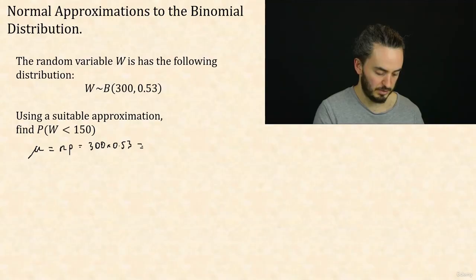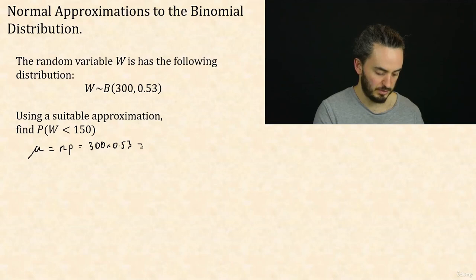So that is 300 times 0.53 times 1 minus 0.53, which is 0.47. I just multiply all that up, and I get a variance of 74.73.